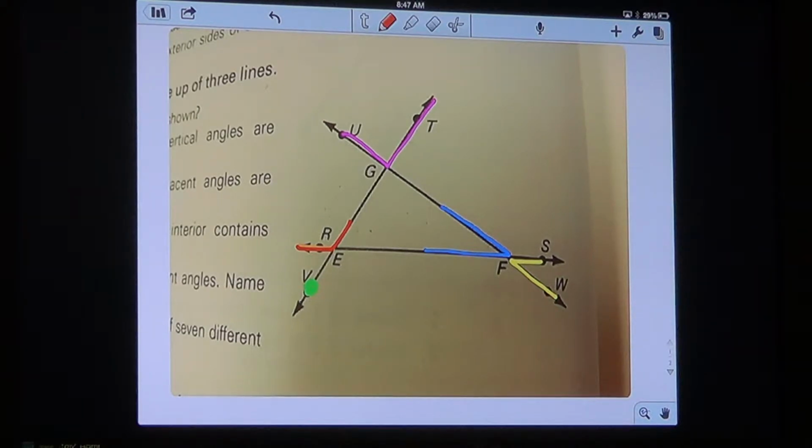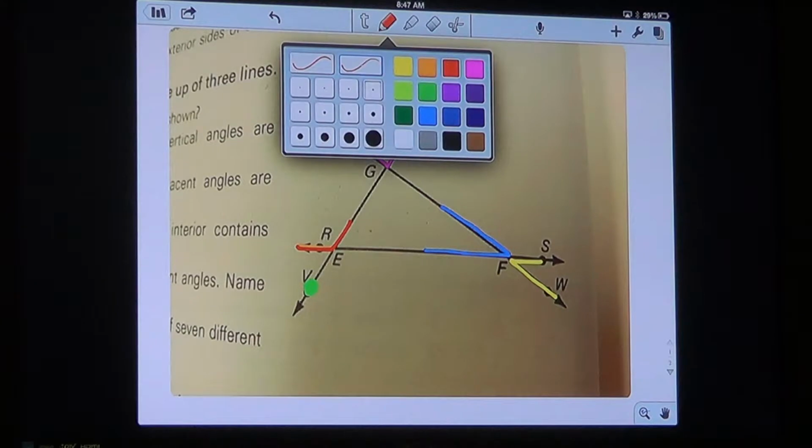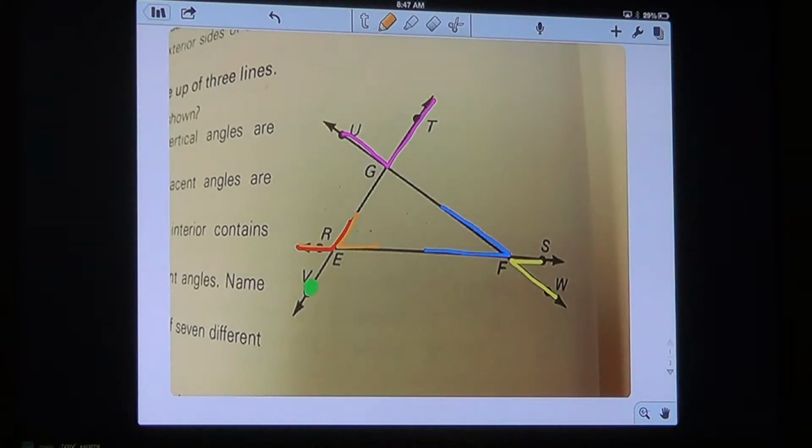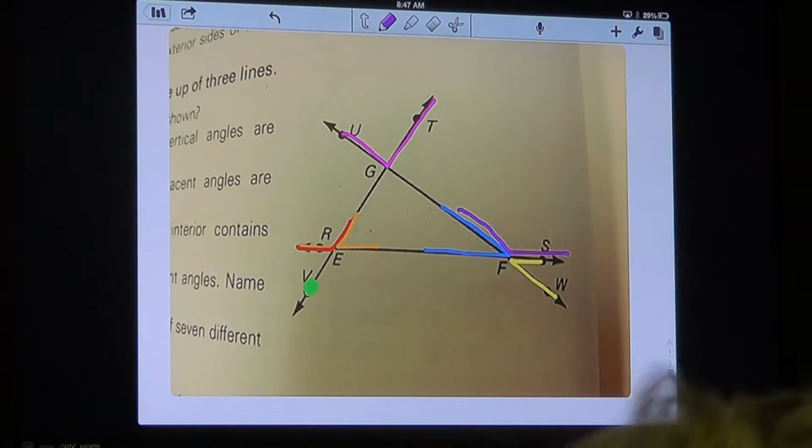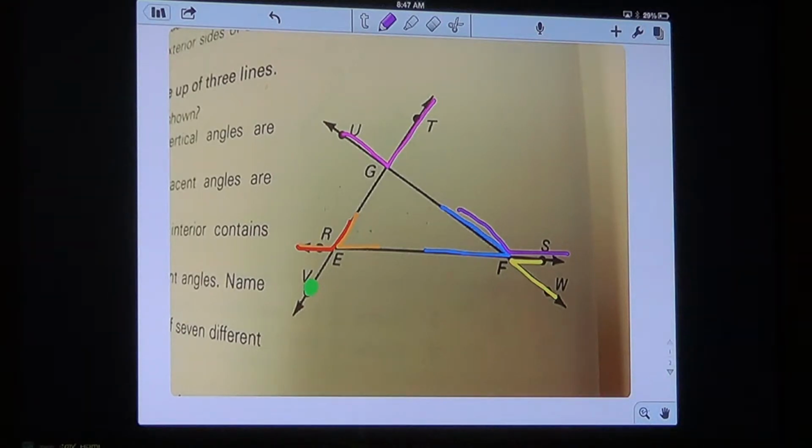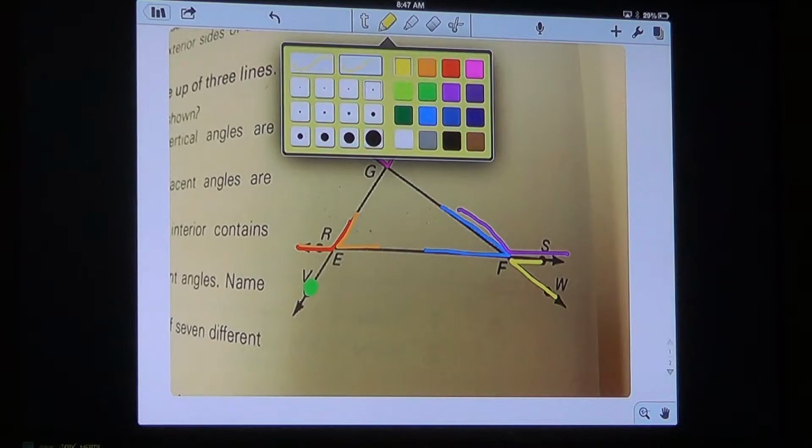You could call it GFE or UFR. Wolfie? SFU. SFU. Okay, good. We haven't done that one yet. That's this angle. 1, 2, 3, 4, 5, we're up to 6. Yep, last one. TGW. Yep. So it's in the exterior of all of those.